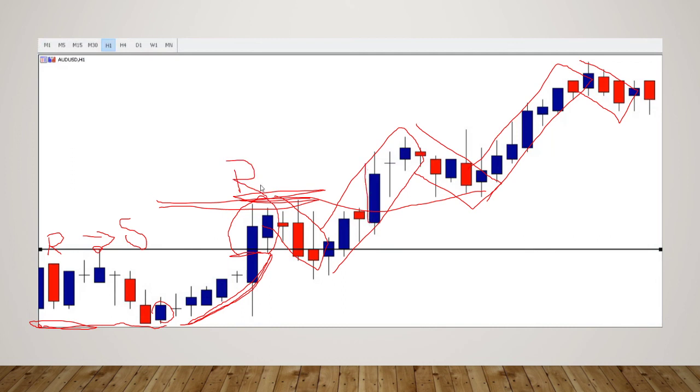You see that? And something that is a resistance but it gets broken through is what? It's a support. As you can see here, it retested again, then it continued, and it's going to continue like that till it eventually stops going up or down.